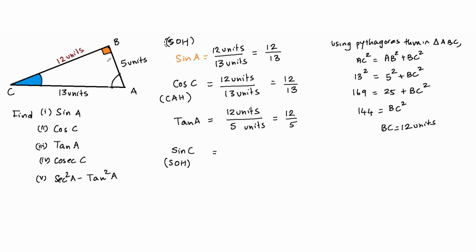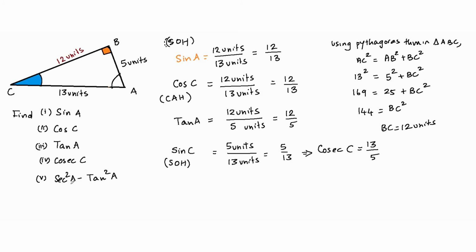Sine is opposite, which is 5 units, divided by the hypotenuse, which is 13 units, and therefore sine is 5 upon 13. This means cosec, the reciprocal of sine, is going to be 13 upon 5. So this is how I can find the value of cosec of an angle.